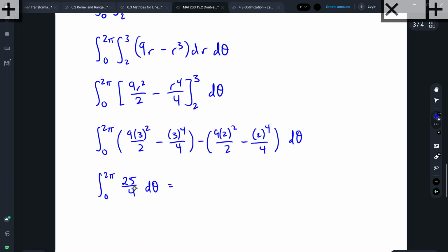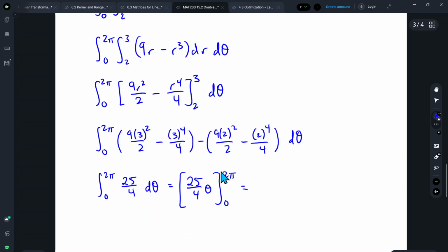The antiderivative of a constant is the constant times the variable, and I need to evaluate at the endpoints. So here just plugging in 2 pi, 2 divided by 4 cancels out, so you get 25 pi over 2.